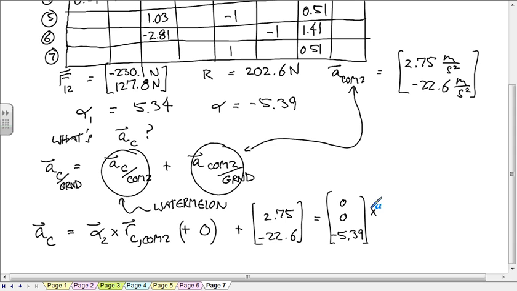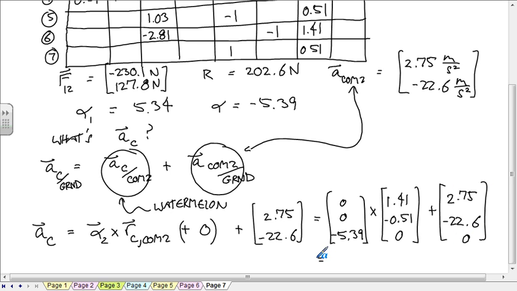That is 1.41, negative 0.51, 0, plus 2.75, negative 22.6, 0. I guess I'll do that one.